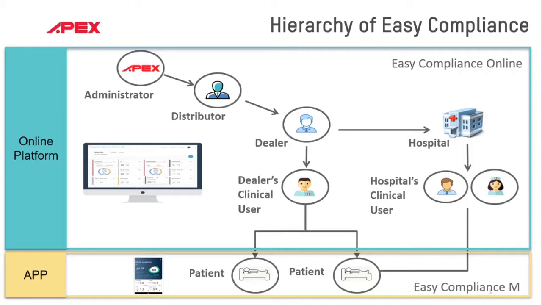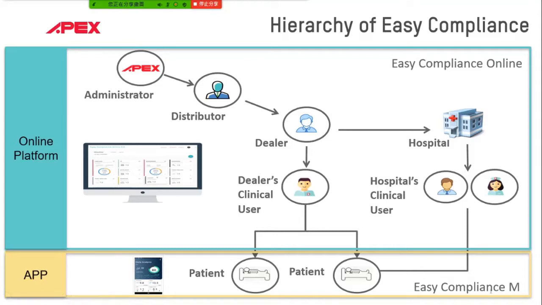So this is the overall hierarchy of the Easy Compliance, where Apex here on the top is the administrator, will provide accounts for our distributor, a set of a password and ID, and therefore, the distributor is able to track the performance of the patients, create accounts, as well as create different accounts for further management, which includes the dealer's account or the DMEs.